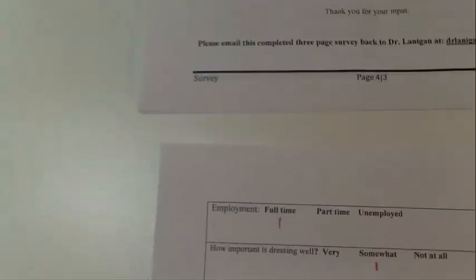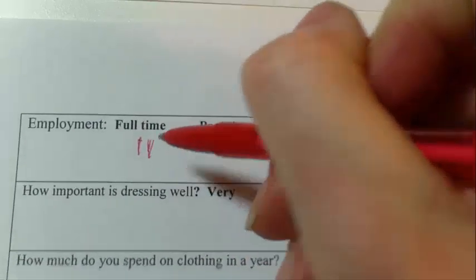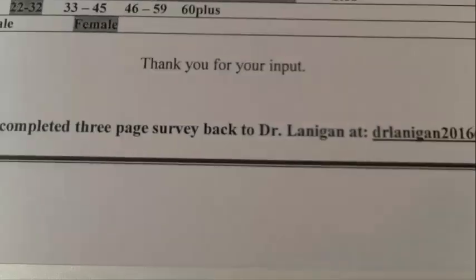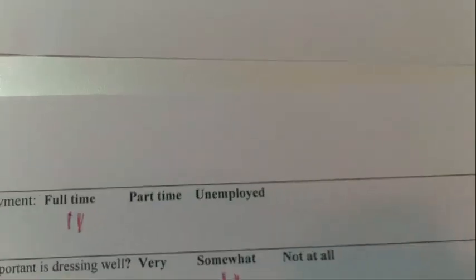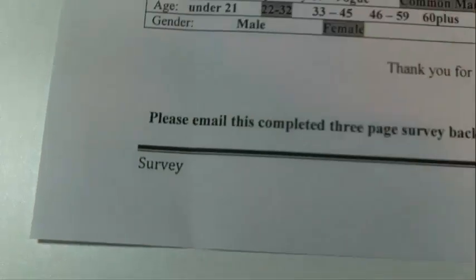After I do the first respondent, I go on to the second respondent and do the same thing. This person too indicated that they were full-time employed, so I give that another tally, another notch. They said somewhat, so I give that another notch. I record the amount that they spent on clothing, and I keep recording the answers from each respondent.